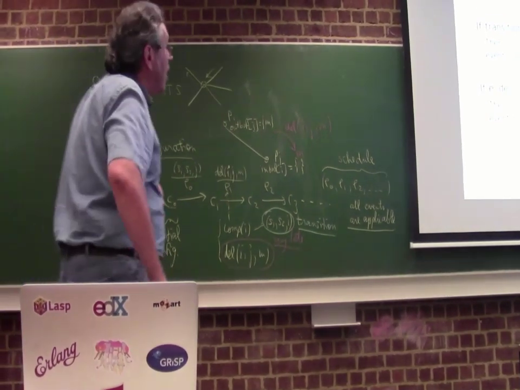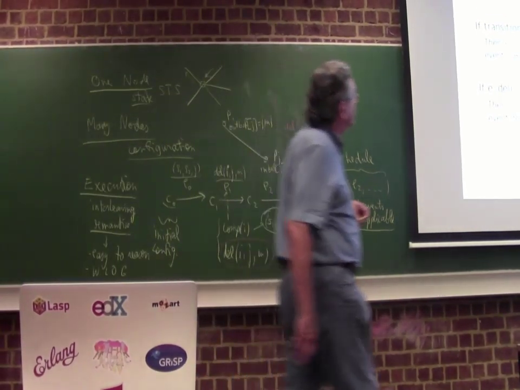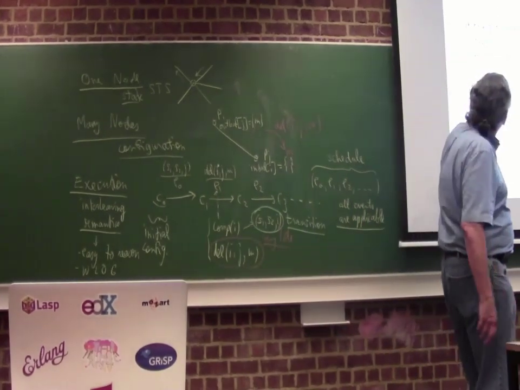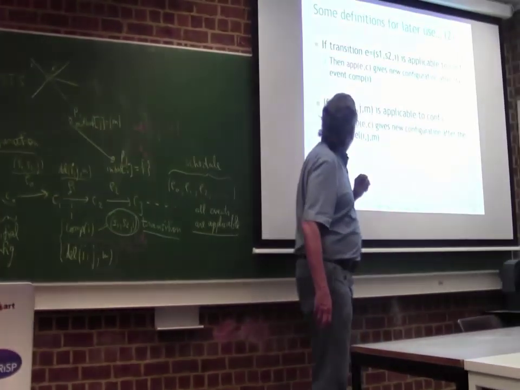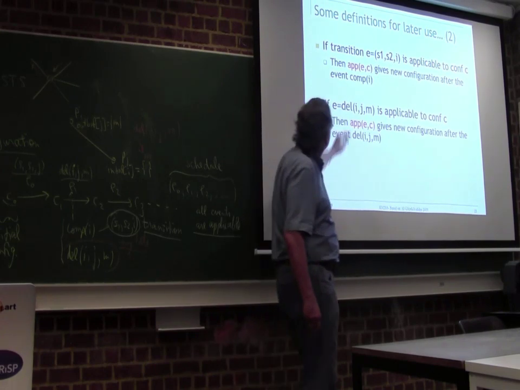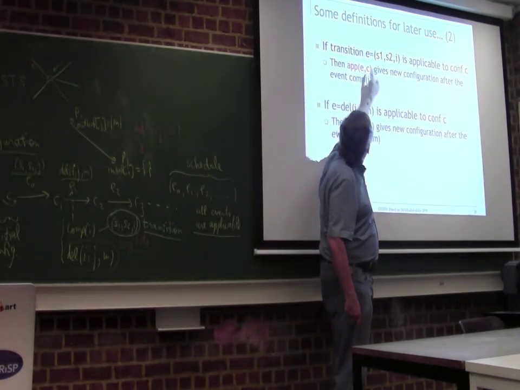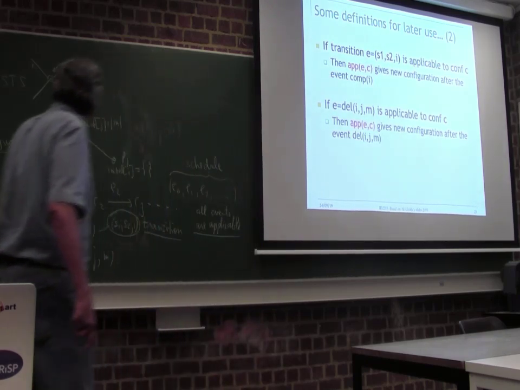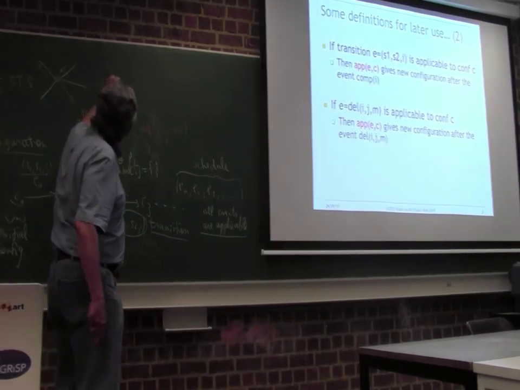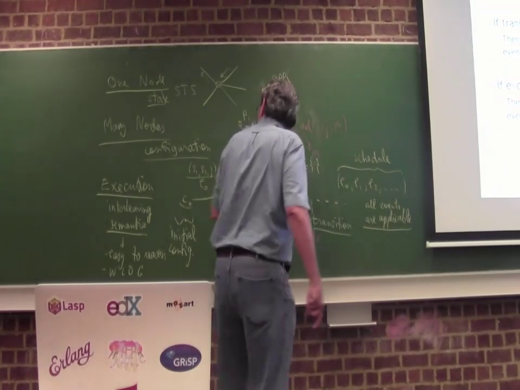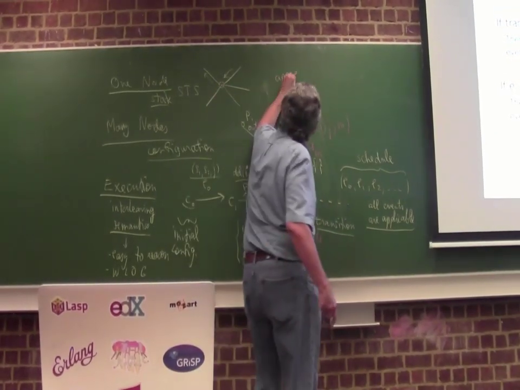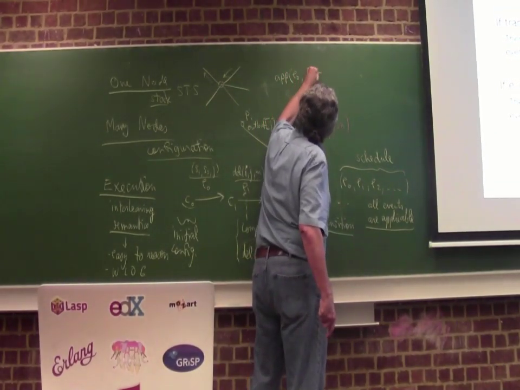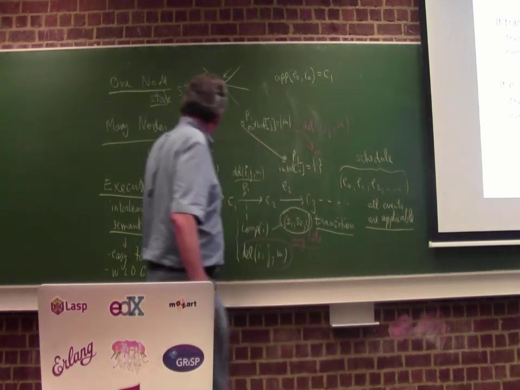Okay, and then we can define little functions. We have this little function called apply. So if we apply event E to configuration C, it gives the next configuration. So we can say something like app of E0, C0 will be C1 here.